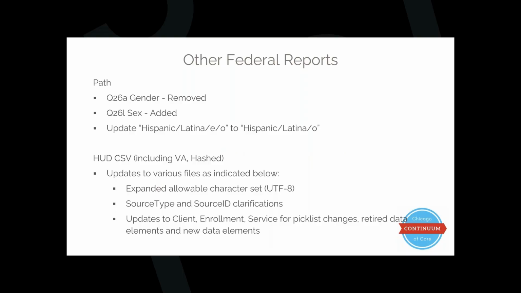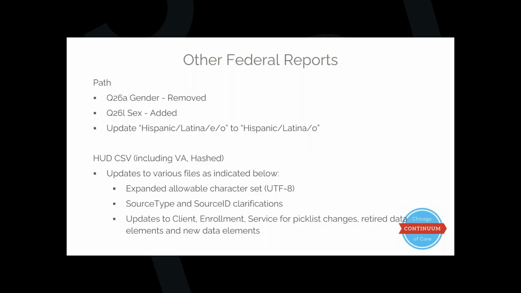When it comes to the HUD CSV, this includes the VA repository reports. So the VA reports for SSVF and also GPD, as well as the hashed CSV, which is for RI reporting, are going to be updated as part of the HUD CSV updates. A couple of things are going to be updated.